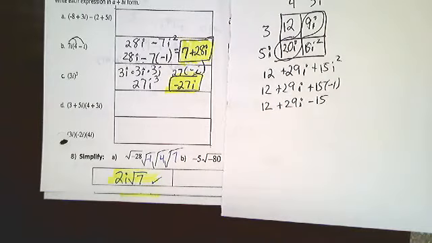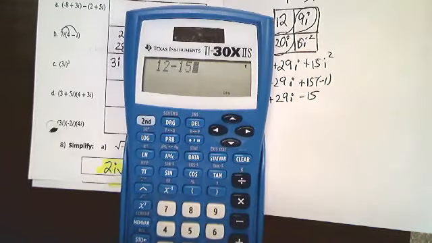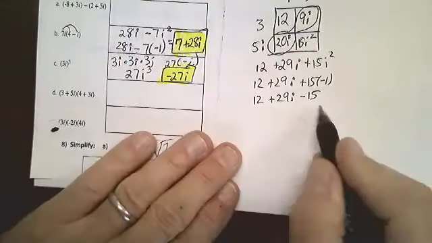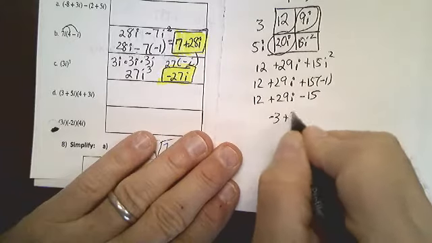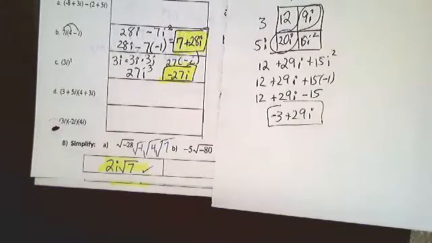Now this is where some of you pull out the calculator. It's no big deal if you can't take 12 minus 15 in your head. I see this all day long. I'm not worried about it. Just get yourself a little calculator and it'll do it for you. It's not your fault that you can't add and subtract quickly or multiply quickly.